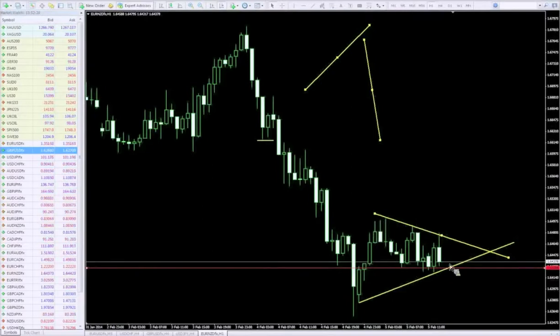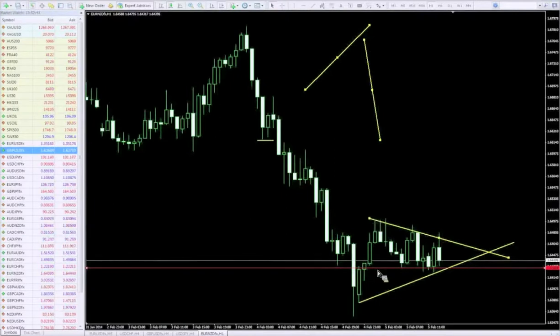So again, this is indicative of all wedges, right? They can't make a new high, can't make a new low, and price gets squeezed all the way up here to the apex, and then price breaks out. The general target for a wedge is a distance equal to the back of the wedge.